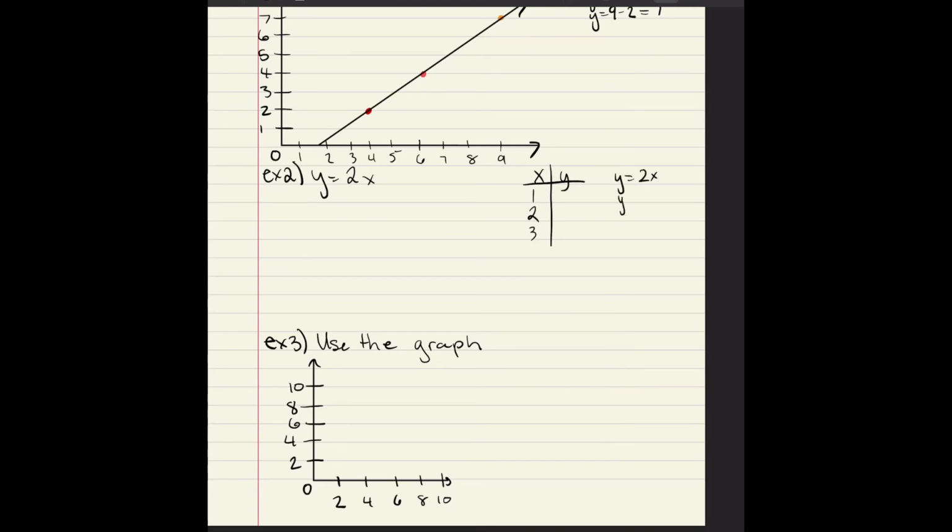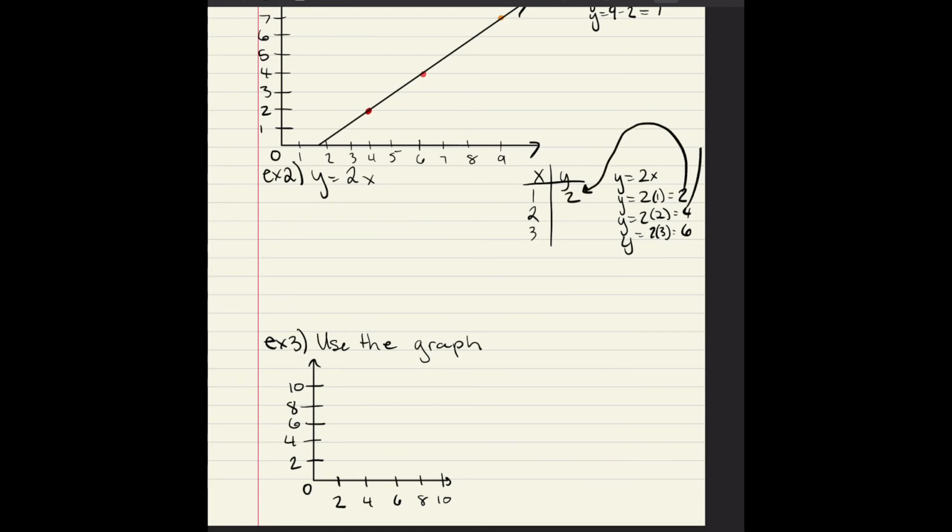So y equals 2x, where x equals 1. 2 times 1 is 2. Y equals 2 times 2, which is 4. And y equals 2 times 3, which is 6.